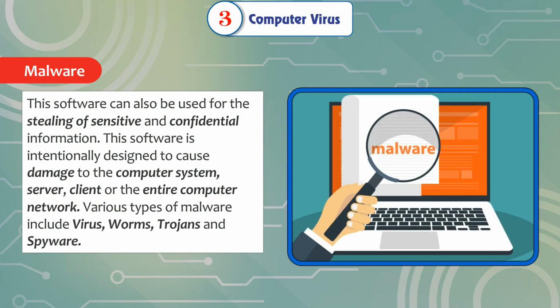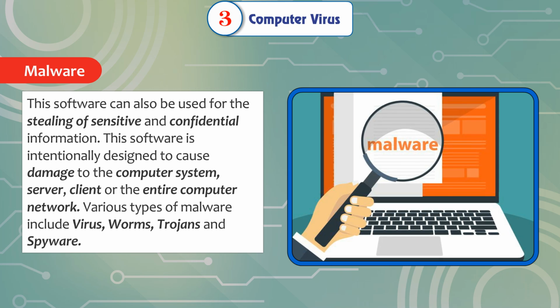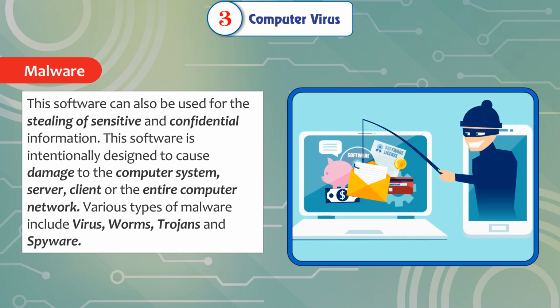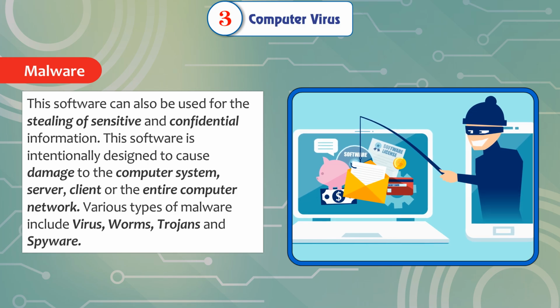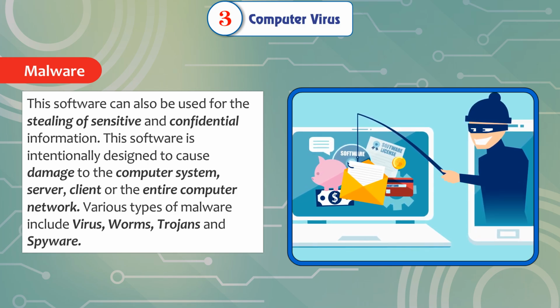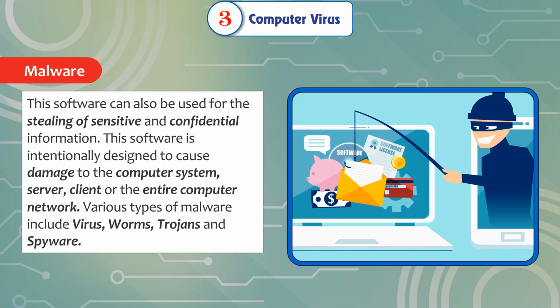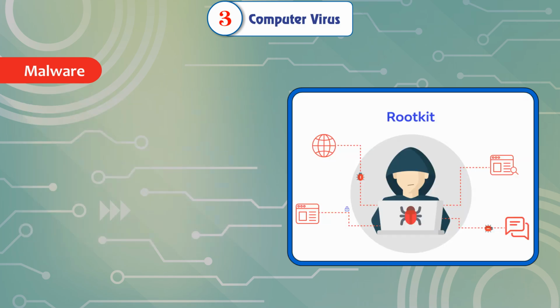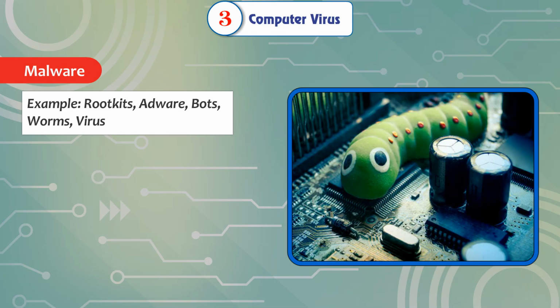This software can also be used for stealing sensitive and confidential information. It is intentionally designed to cause damage to a computer system, server, client, or the entire computer network. Various types of malware include viruses, worms, trojans, and spyware. Example: rootkits, adware, bots, worms, virus.